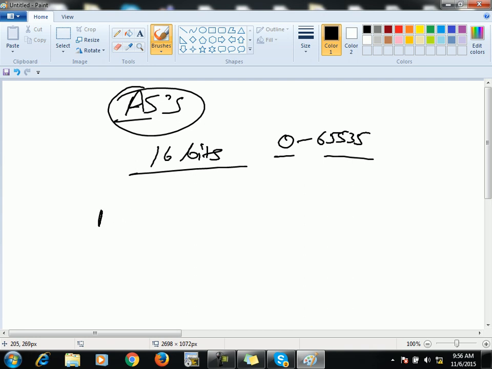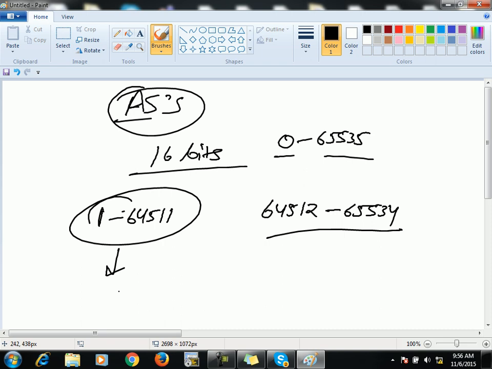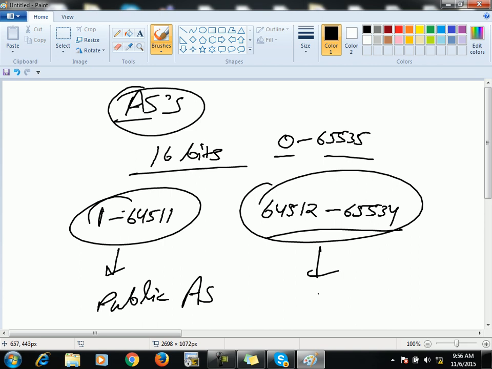So you can start from 1, and 64512 to 65534 are private ASs, and from 1 to 64511 are public ASs.